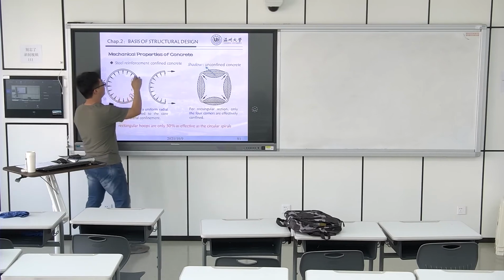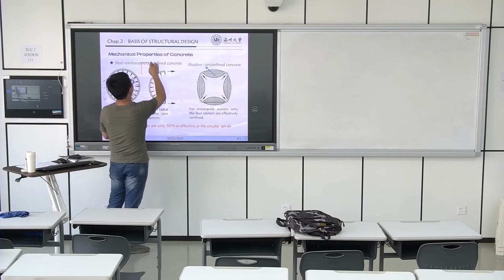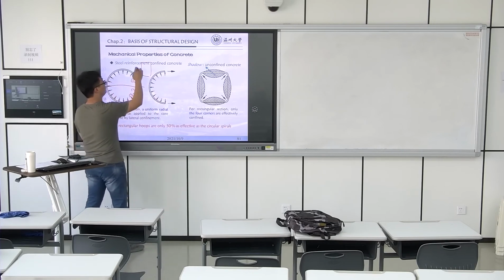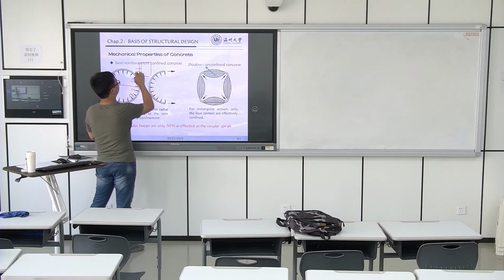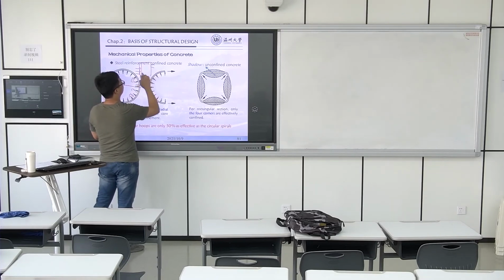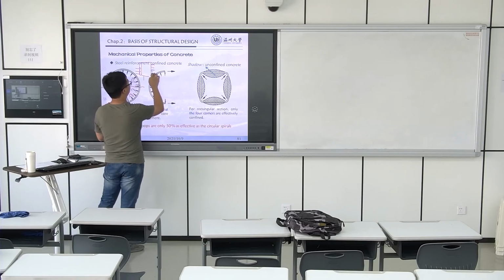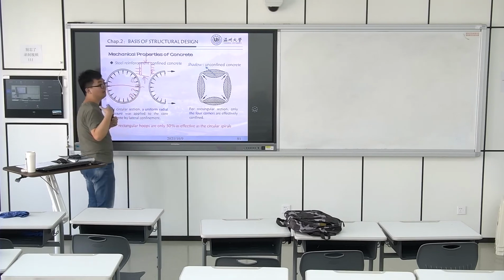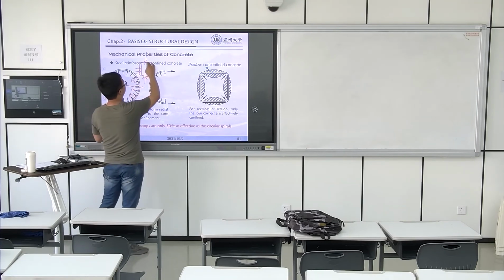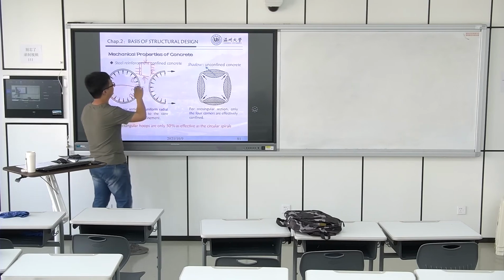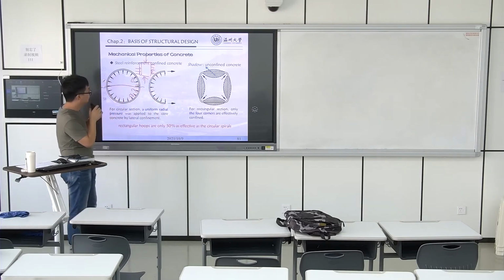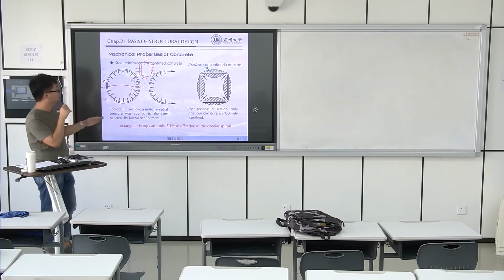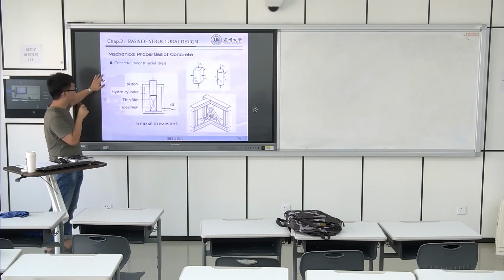So if you cut this tube and look in this direction, this tube will give the transverse direction load to the concrete. This direction is the other load applied to the tube. So we use this method to improve the behavior of the concrete.